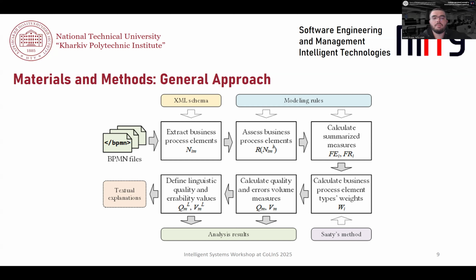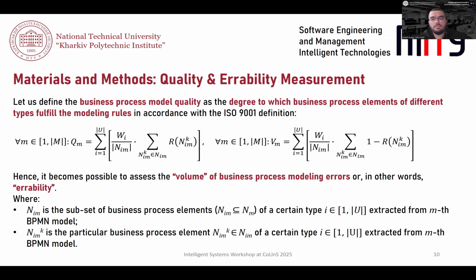Let us define the business process model quality as the degree to which business process elements of different types fulfill the modeling rules in accordance with the ISO 9001 definition. So here it becomes possible not only to measure quality, but also to assess the volume of business process modeling errors, or in other words, as we propose, the errability of a BPMN model.